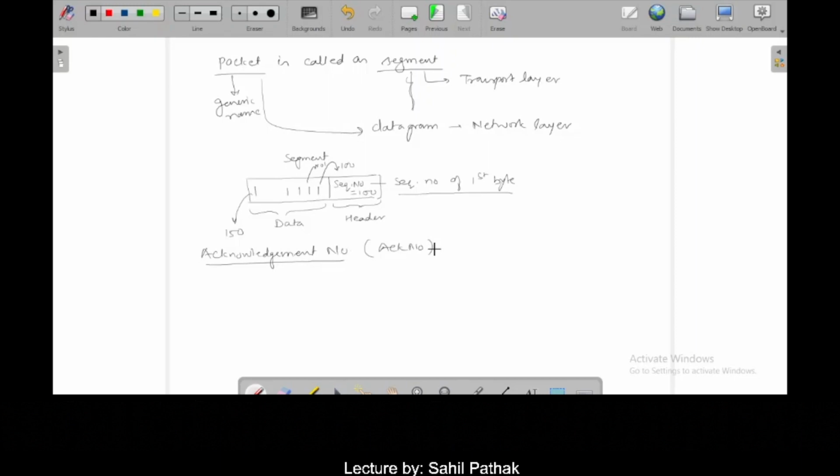And to recognize that acknowledgement, we provide the acknowledgement number. Here the acknowledgement number is nothing but the sequence number of the byte expected next. So mind it, acknowledgement number is nothing but the sequence number of the byte expected next.